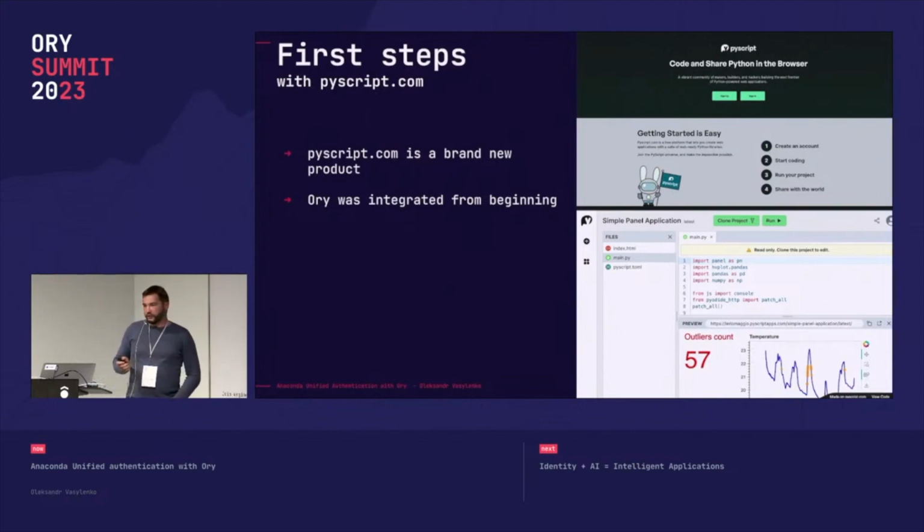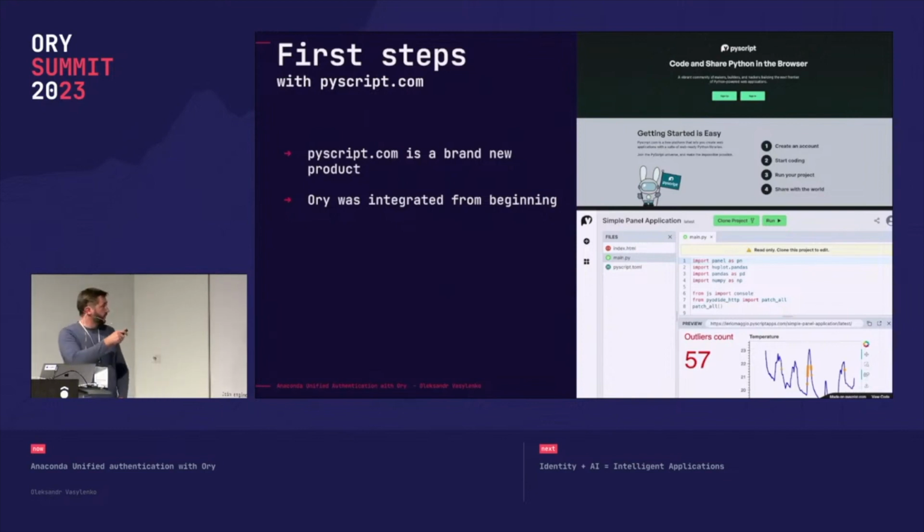For example, one aspect is also technical knowledge of the systems you are integrating with. And what was lucky for us is that in parallel the new product I mentioned before, PyScript, was started. It's a platform where you can run your Python code purely in the browser and share your application between users. This was a good candidate to start integration with Ory.